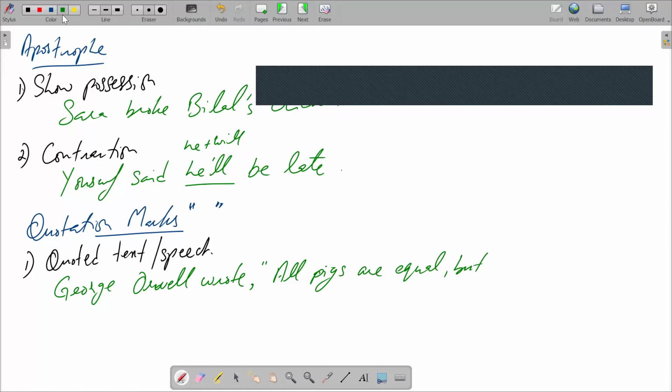Oh wait, sorry, I'm misquoting this. It's not pigs, it's animals. So, can I fit it in? Yes, all animals are equal, but some are more equal than others.